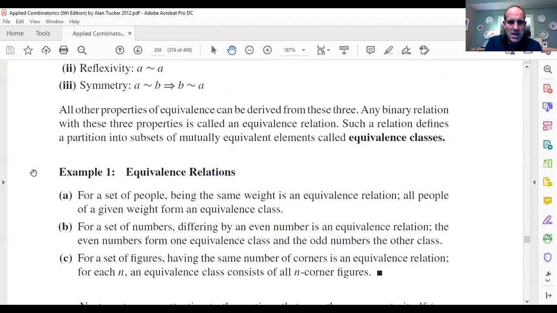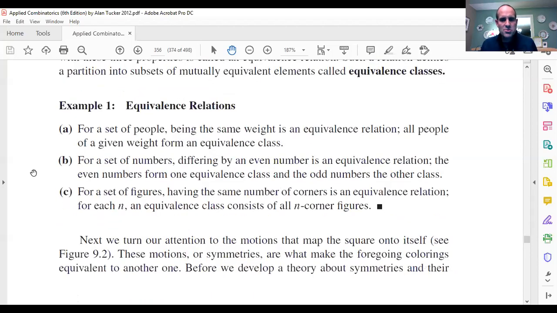Here's some basic examples of equivalence relations. For a set of people, being the same weight is an equivalence relation. All people of a given weight form an equivalence class. That's one way you could break up the collection of all people into equivalence classes.